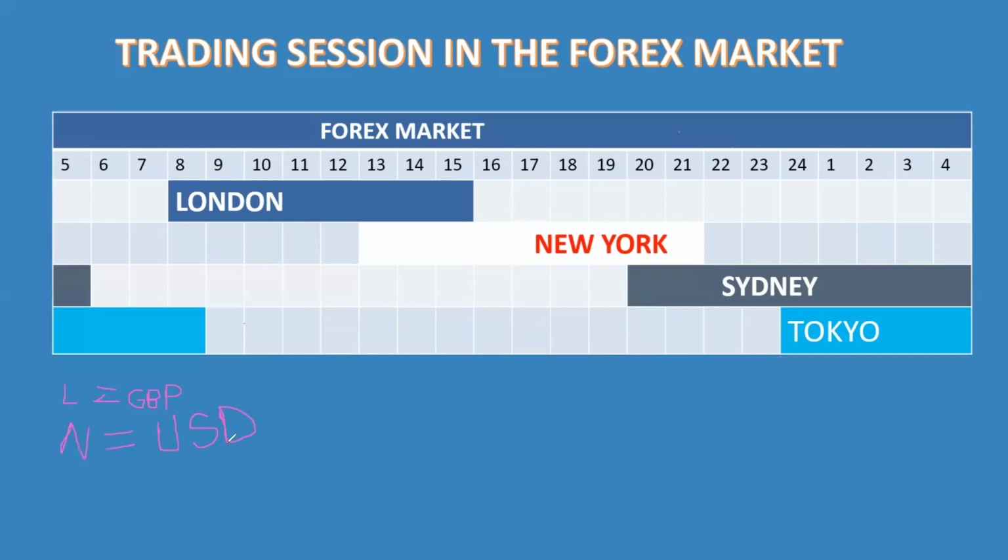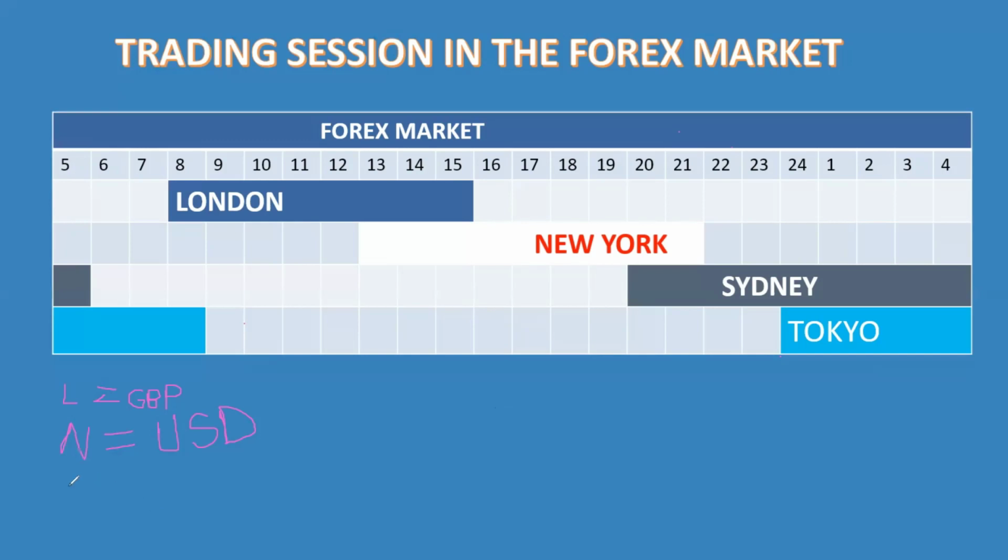For instance, when you are trading United States dollar Canadian dollar, this New York section starts by 1. You will discover that they become most volatile during this section when the New York section is on. That does not mean that they are not volatile in other sections, but they tend to be highly volatile in this section.